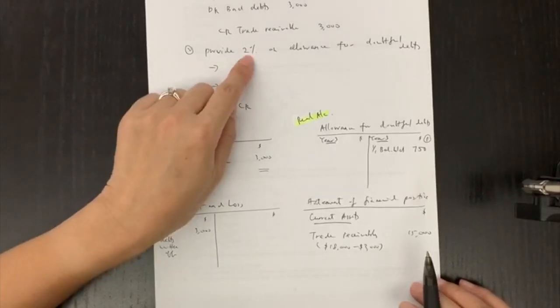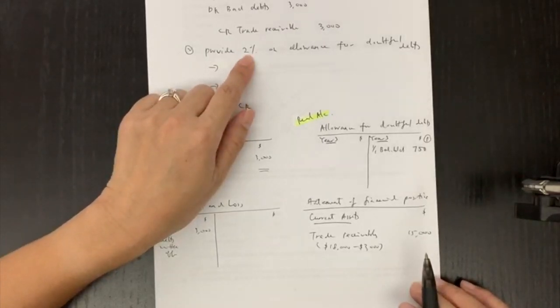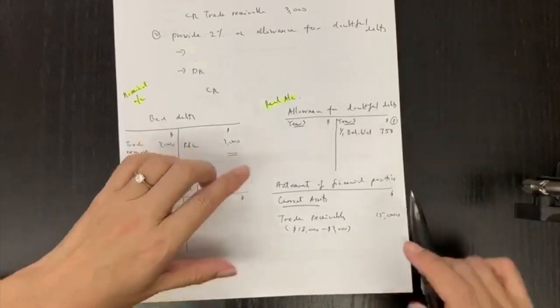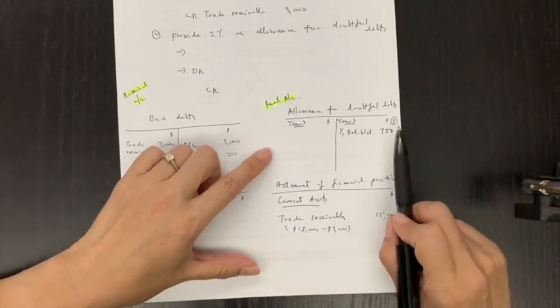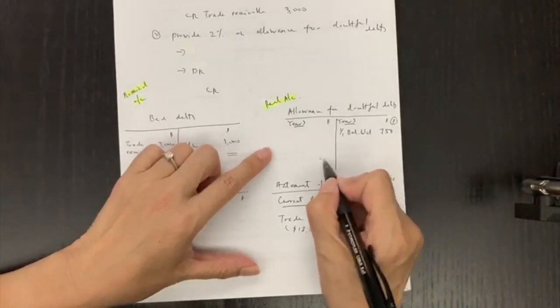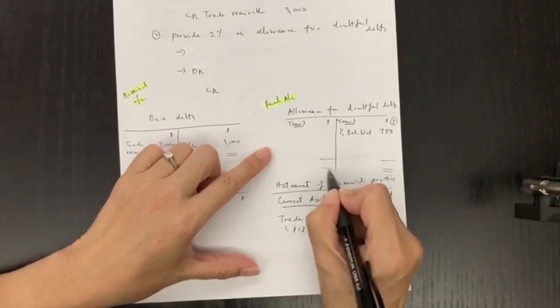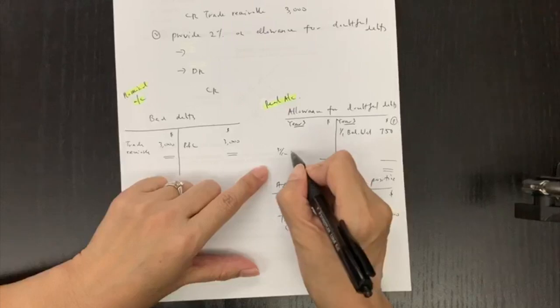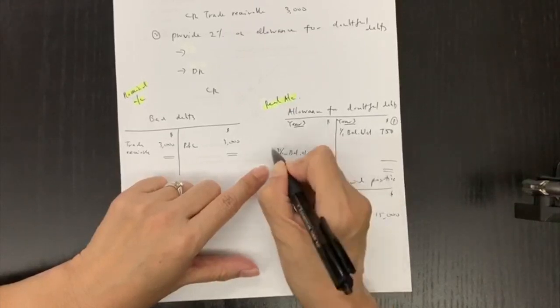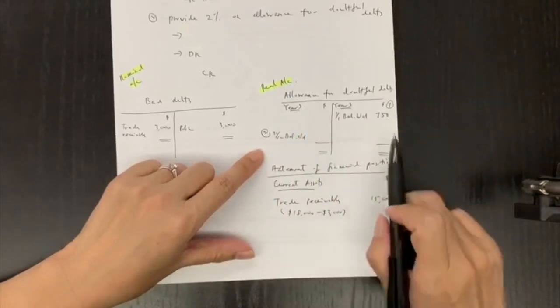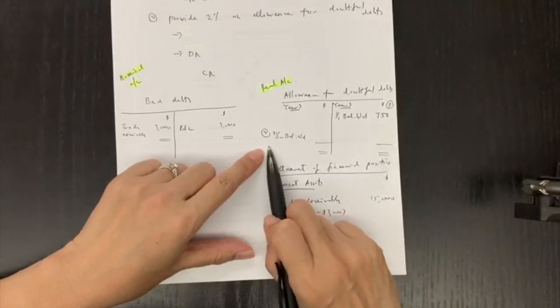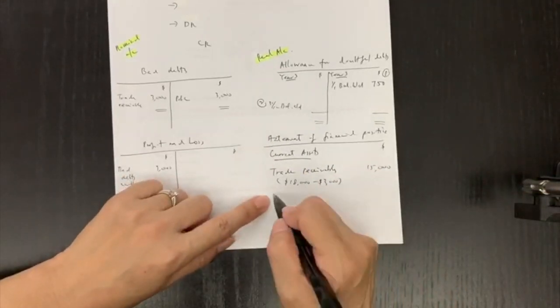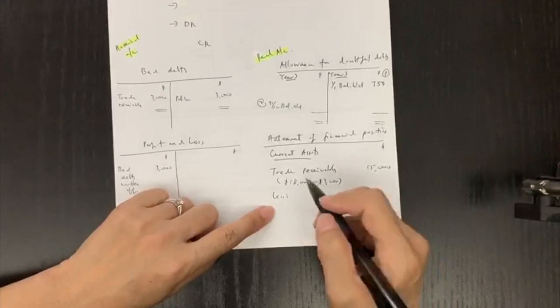Okay, and now what is my estimation? I put 2% for estimation because of prudence concept. Okay, and look at the step here. Very, very important. Step number 1, opening balance. And what about step number 2? So step number 2, 31st December, balance carried down. So number 1, opening, number 2, closing. So how to get closing? I need to refer to the statement of financial position.